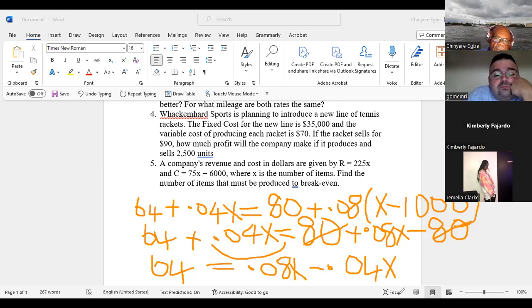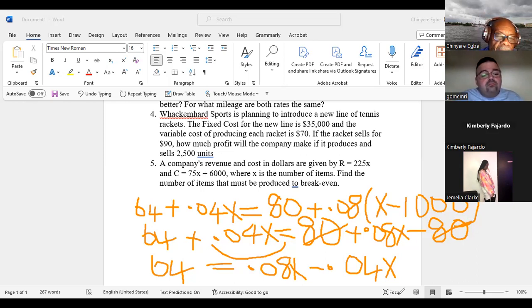Okay, so you have 0.08x minus 0.04x. So what is 0.08x minus 0.04x? What is 8 chickens minus 4 chickens? It's 0.04x.